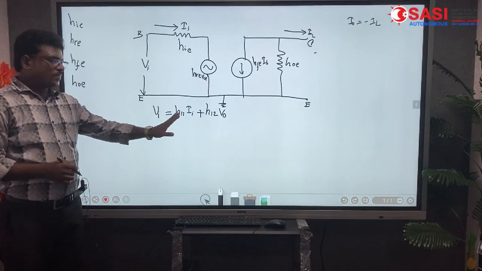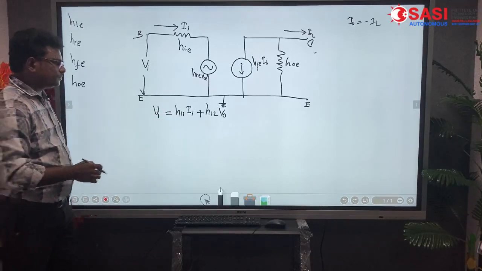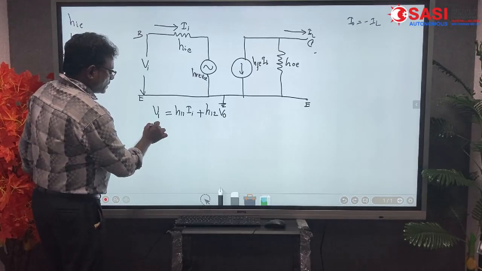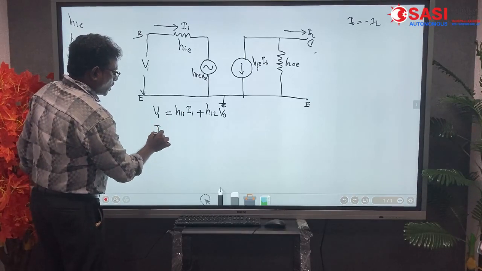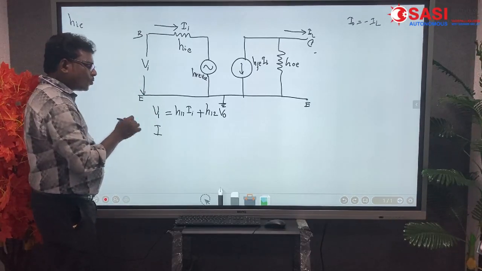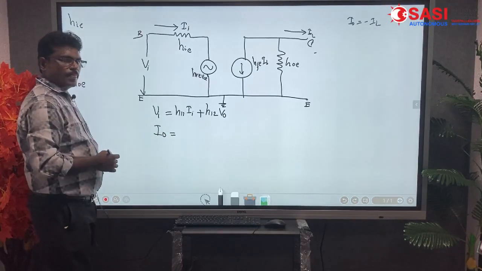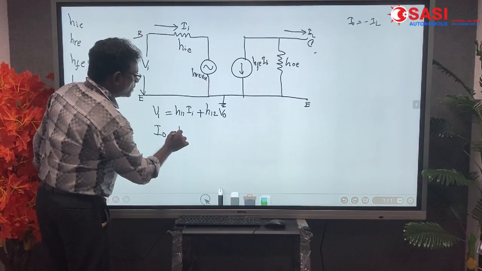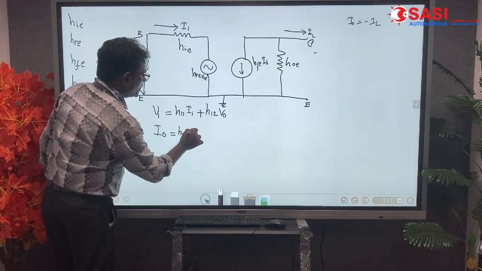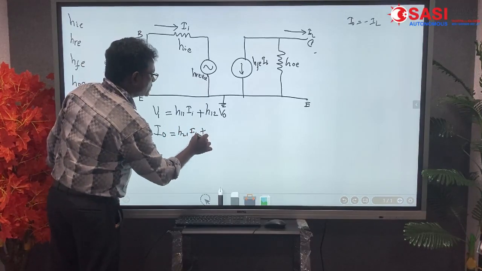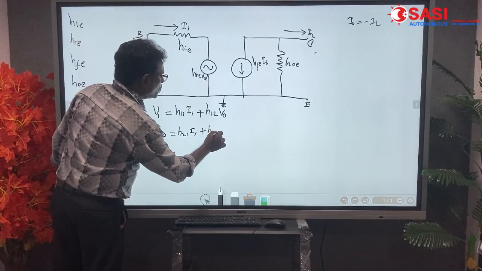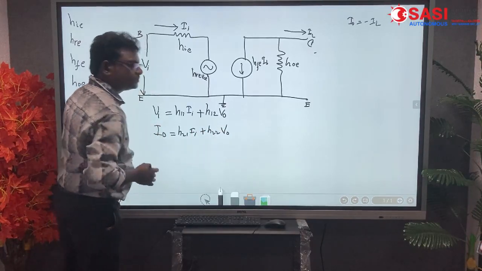H11 Ii plus H12 V0. I can write the output port is the current port, output current I0 equal to H21 Ii plus H22 V0.